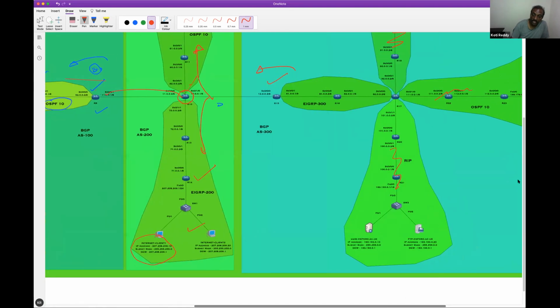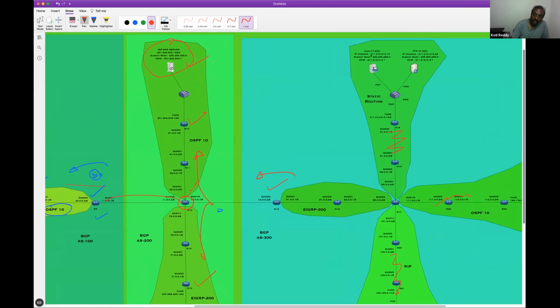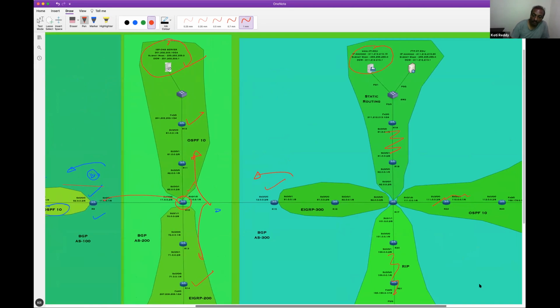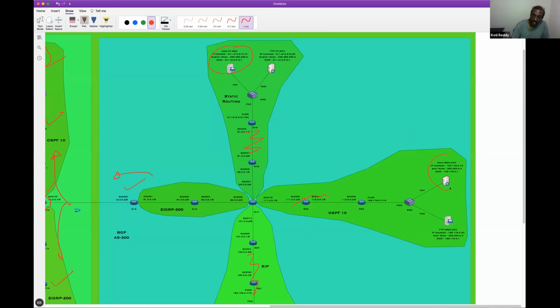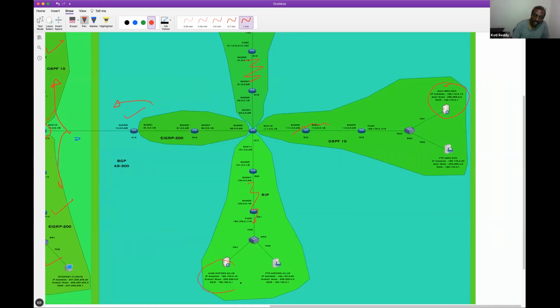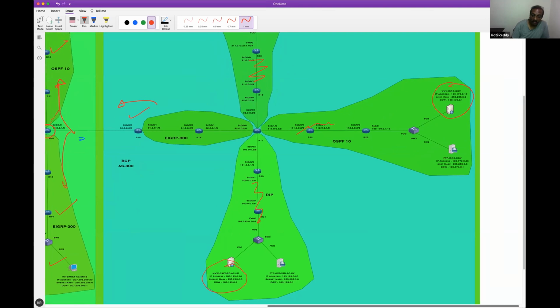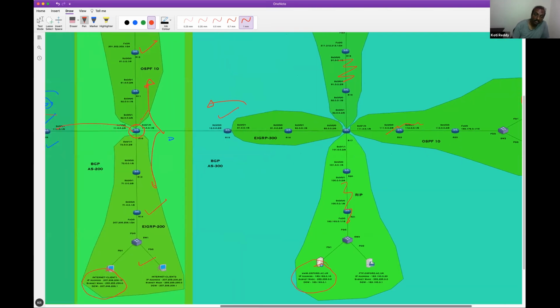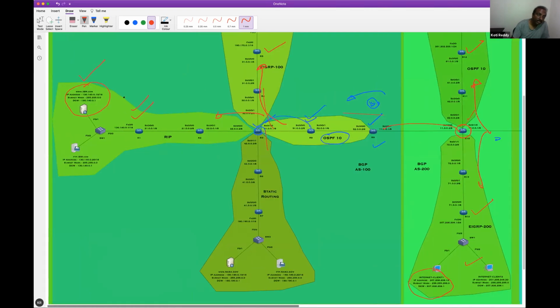Also the systems in ISP 3, 211.210.213.10, and also 169.179.0.10 and also 183.193.0.10, right? From ISP1, I should be able to ping all systems in other ISPs also. Shall we do it now?